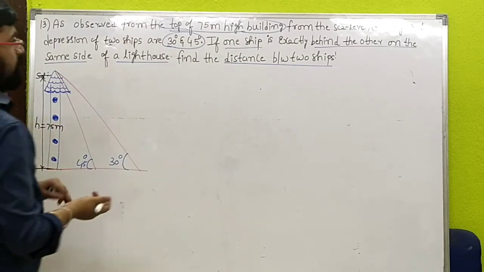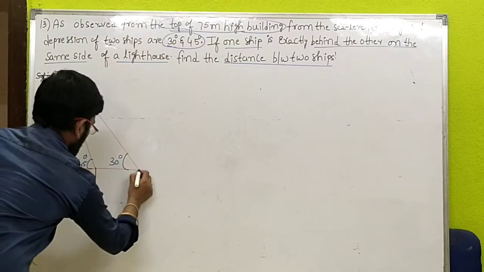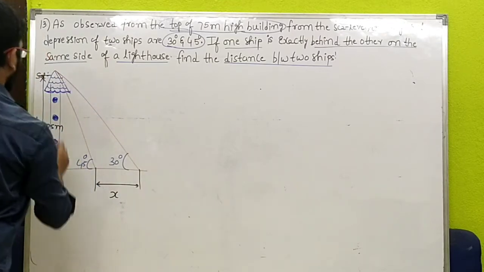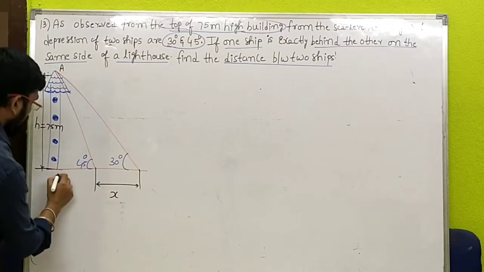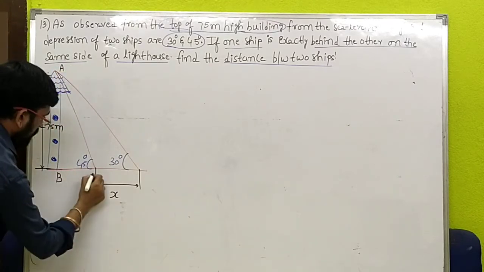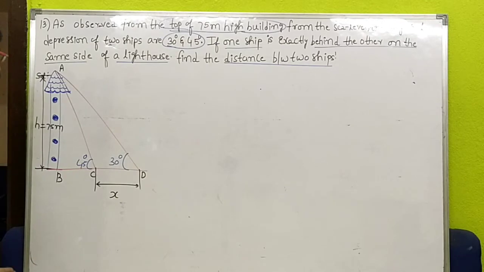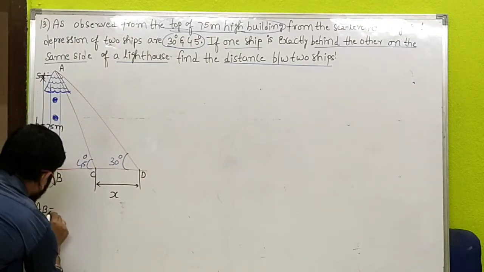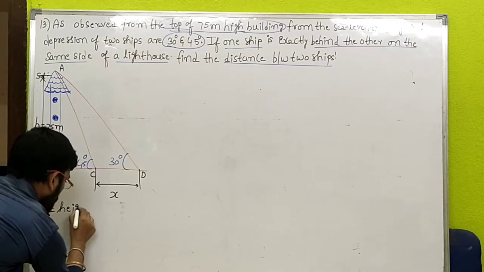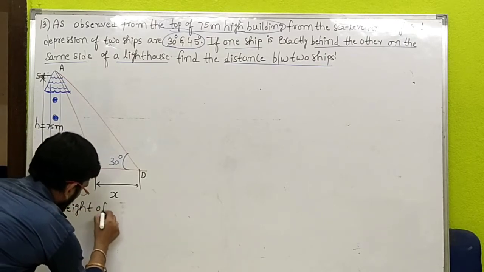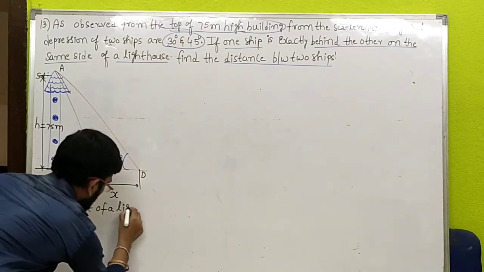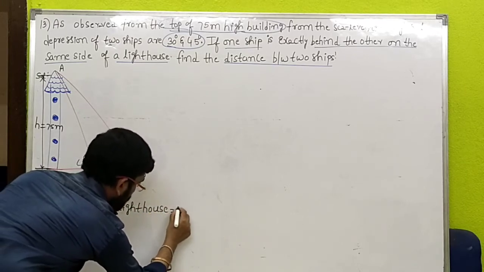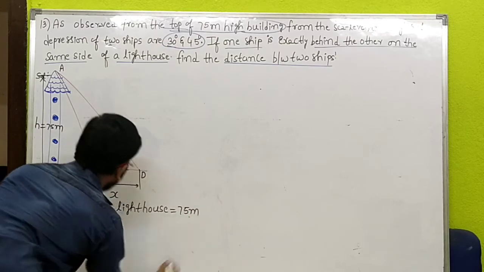So we need to find the distance between the two ships. Name the points A, B, C, D. AB equals the height of the lighthouse, that is 75 meters.